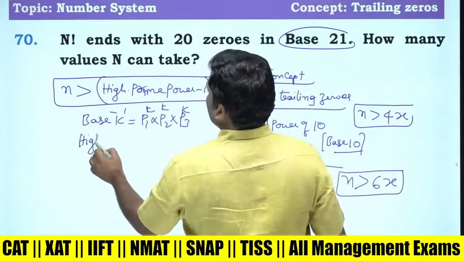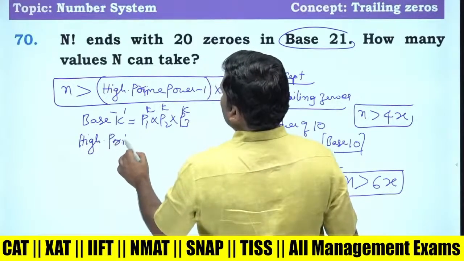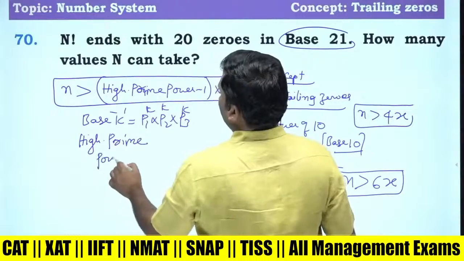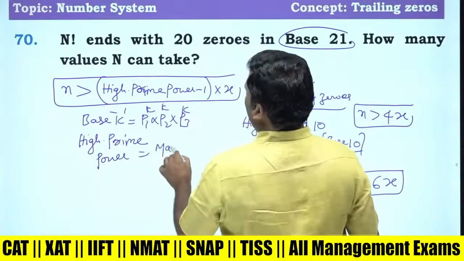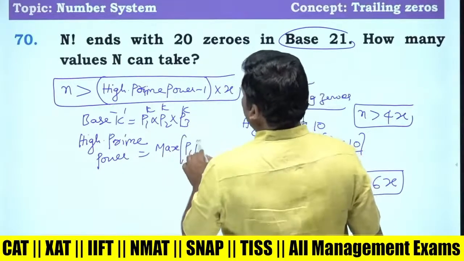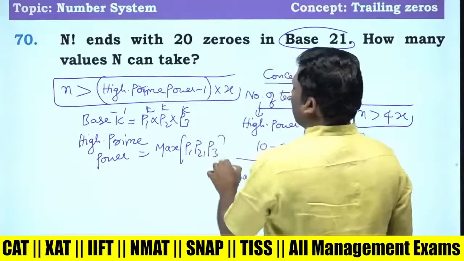Highest prime power will be the maximum of P1, P2, P3. Very, very interesting concept, sir.